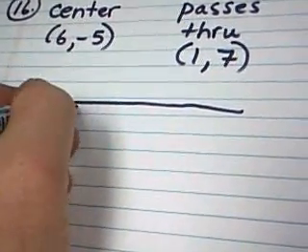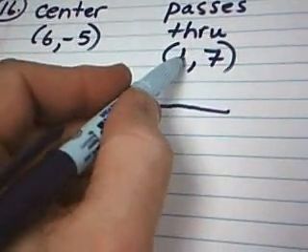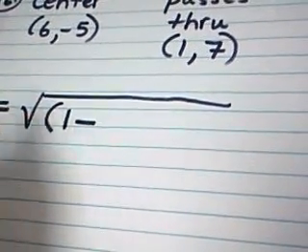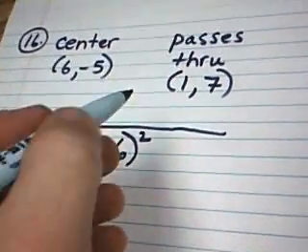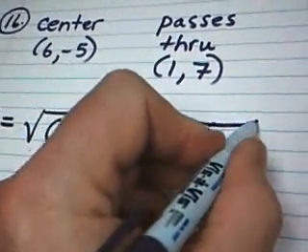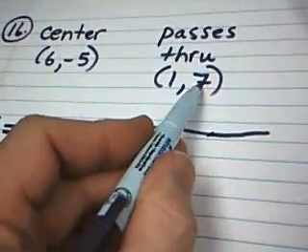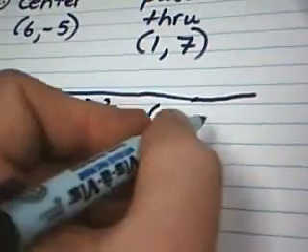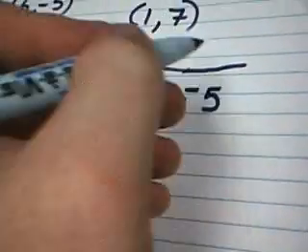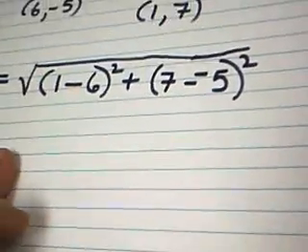So, x sub 2, 1, minus x sub 1, 6, quantity squared, plus y sub 2, 7, minus y sub 1, -5, quantity squared.